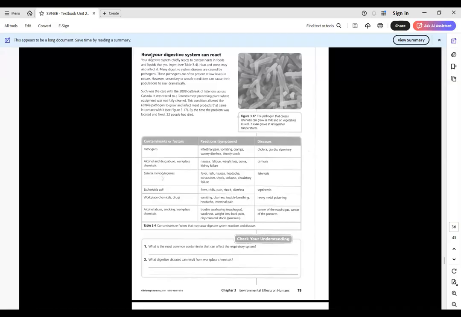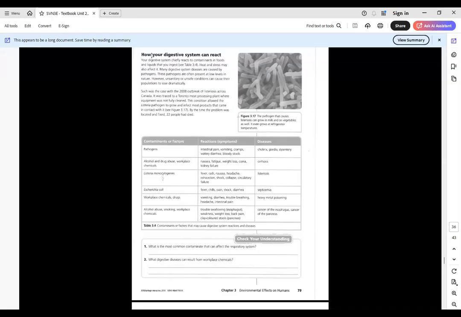We look at the bottom of page 79, and we're going to go right to question 2 at the bottom of page 79. Question 2 says, what digestive diseases can result from workplace chemicals? So you can see in the chart that there's a couple of workplace chemical contaminants listed there.